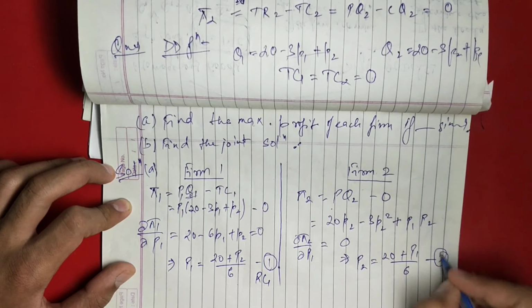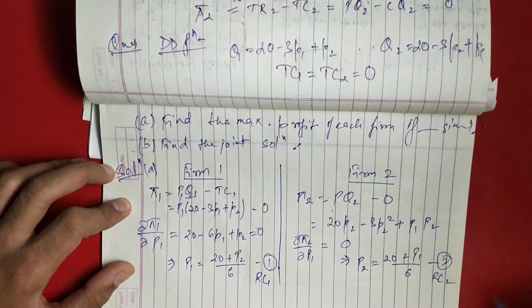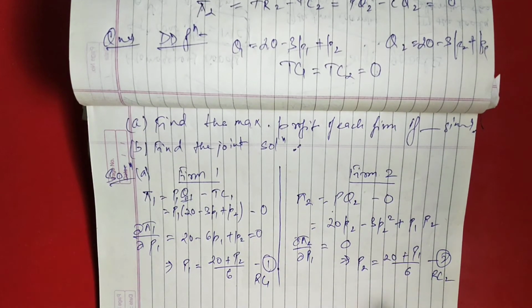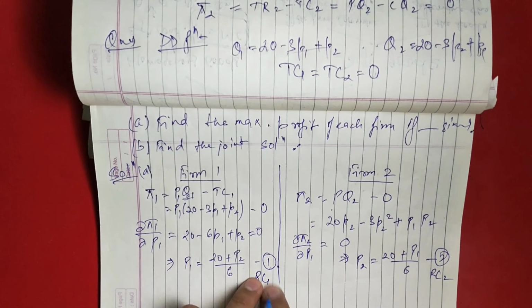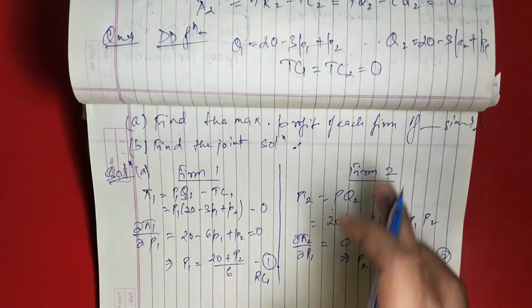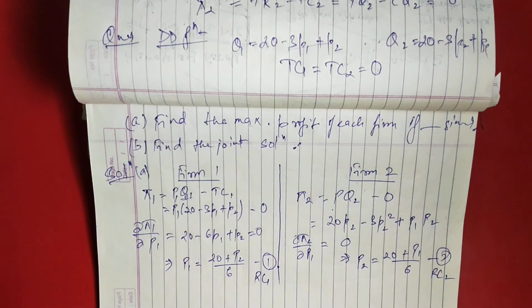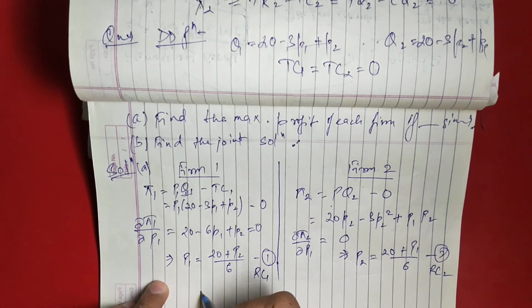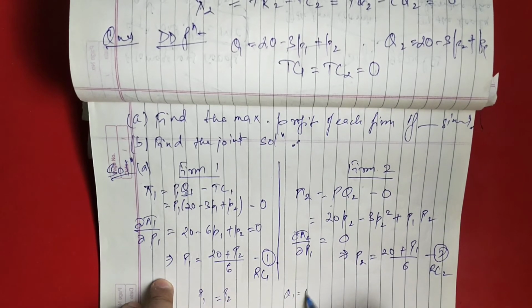So this will be RC2. Since total cost is 0, if you differentiate it, marginal cost will also be 0. So whatever P1 is, the same will be P2, and Q1 is equal to Q2.